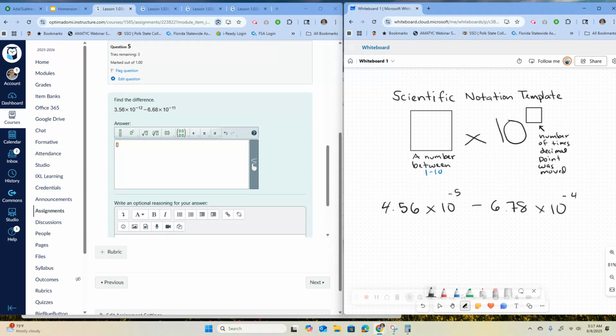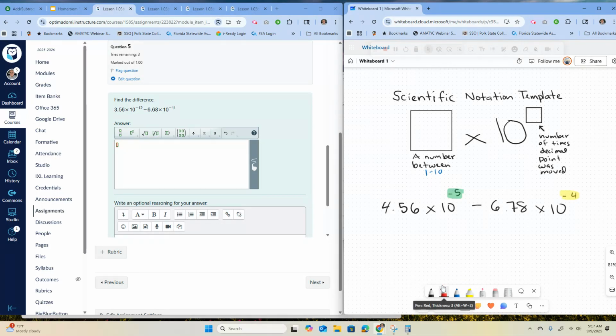If you notice, when I'm subtracting these two numbers, the exponents of the tens are not the same. That's why I use different colors. So what you're going to do is go to the smallest exponent.